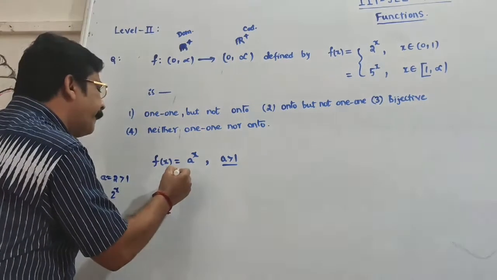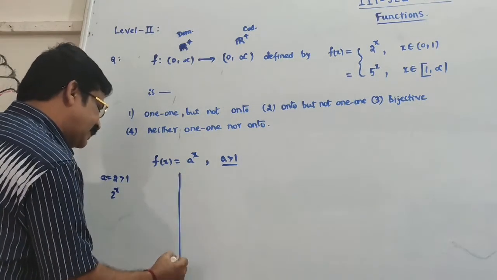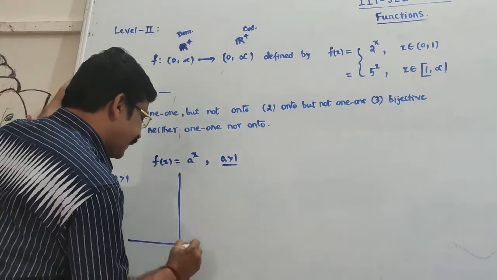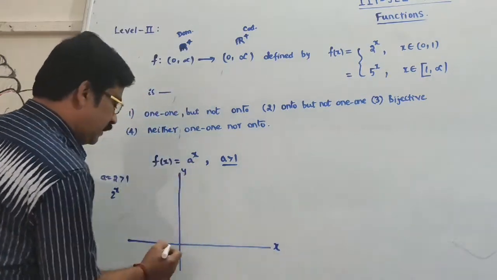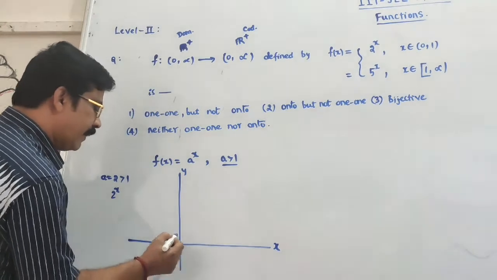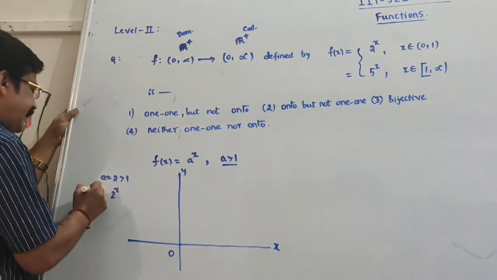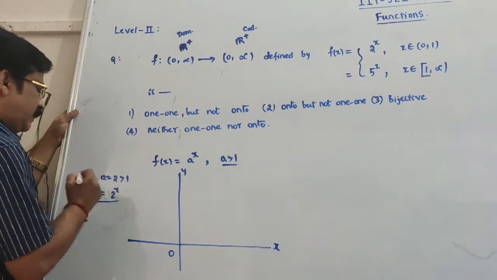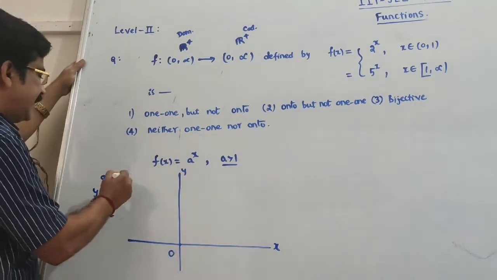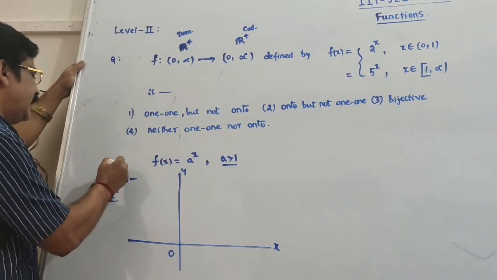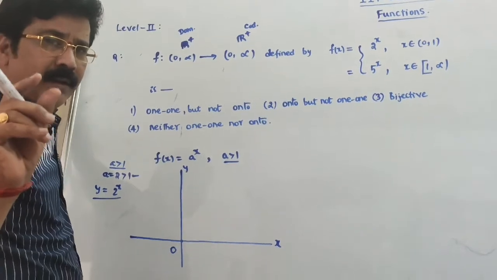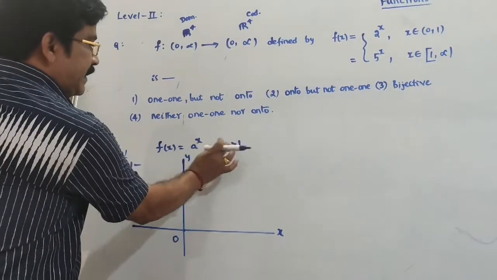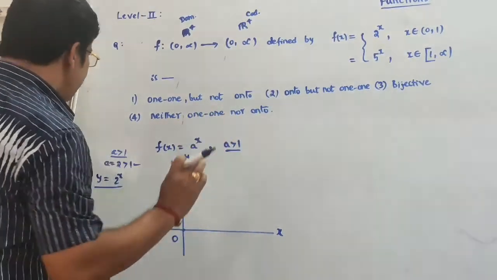So this is the y-axis. This is the x-axis, origin. Here y is equal to, for example, 2 power x, because a is greater than 1. Now we are going to draw the graph of a power x when a is greater than 1.